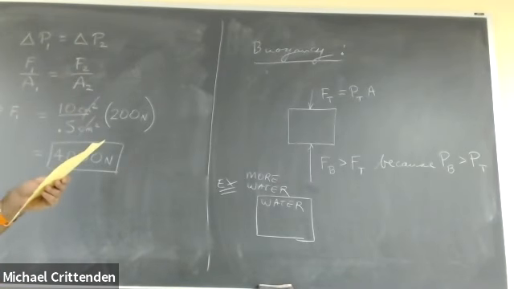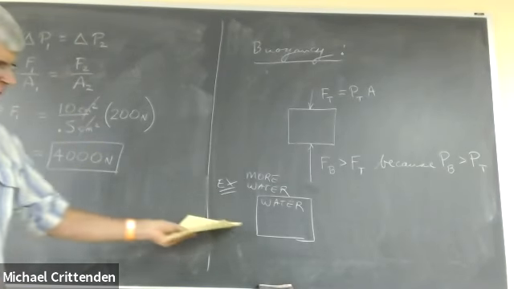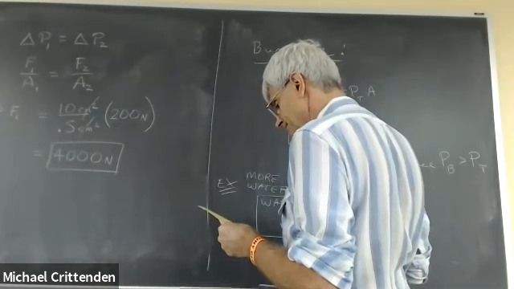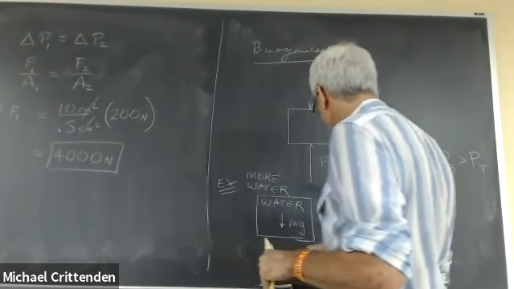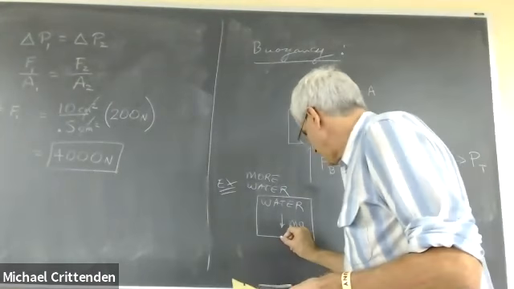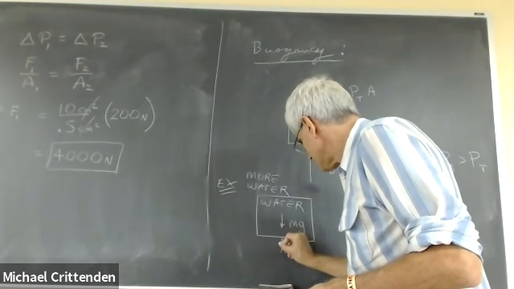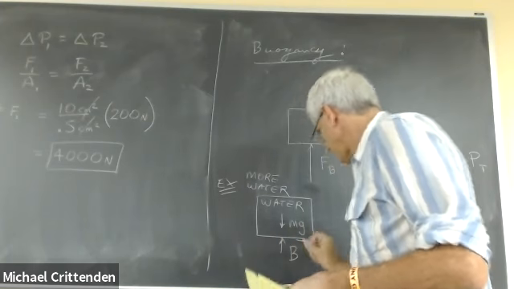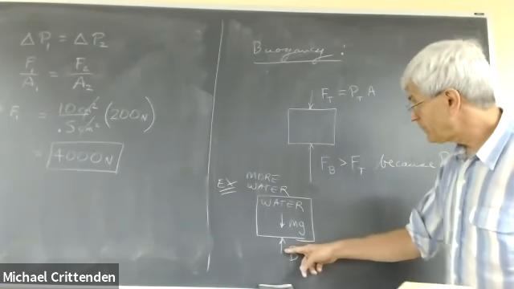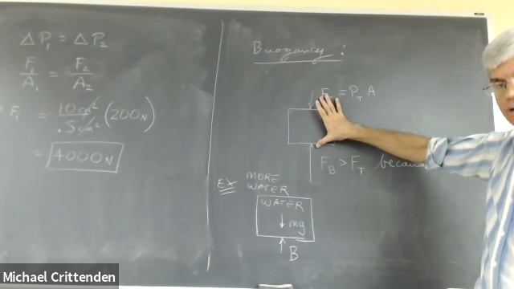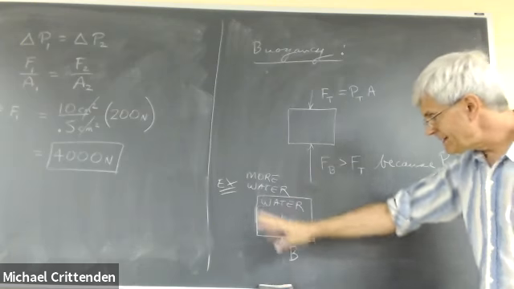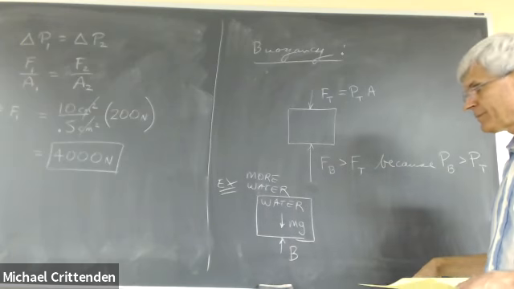Well, this chunk of water weighs something, and the surrounding water creates an upward force on it that I'll call B for buoyant force. This force B would be the resultant of the two that I drew here. This minus that is equal to B. That's the net upward force from the surroundings.